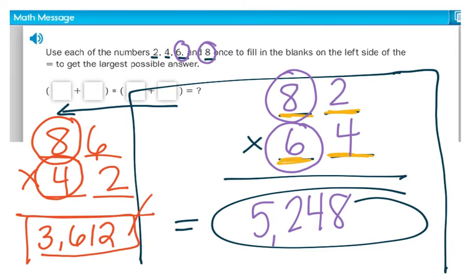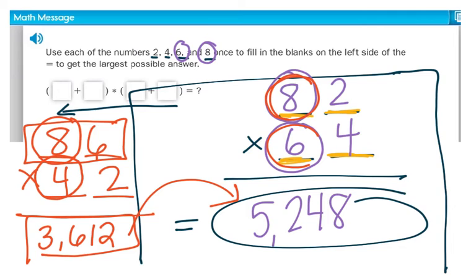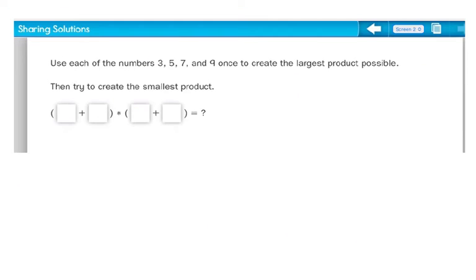Look at that total compared to the 5,248. So you don't want to make one number the largest. You want to use the tens place, or whatever's the largest place value, to put the 2 largest digits. Now go ahead and erase your whiteboard.